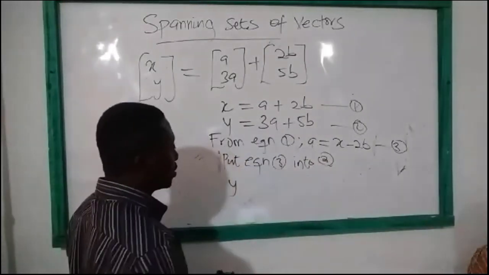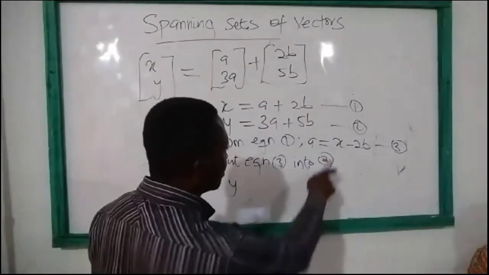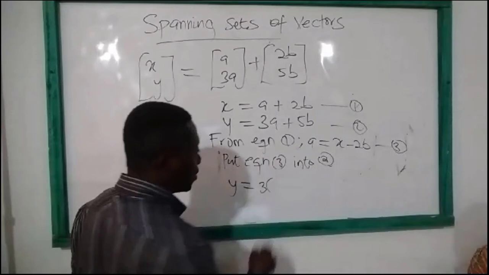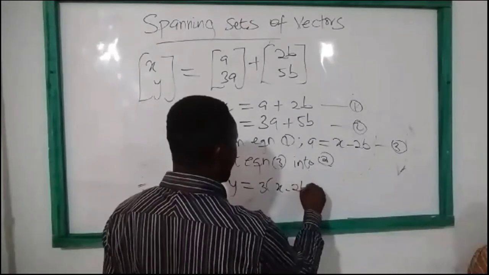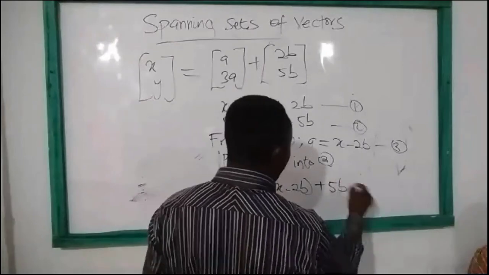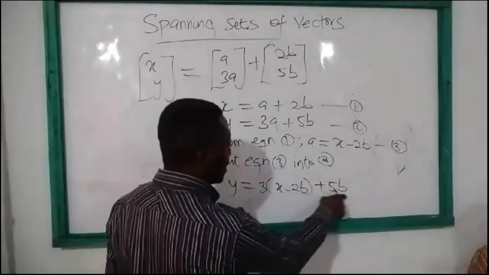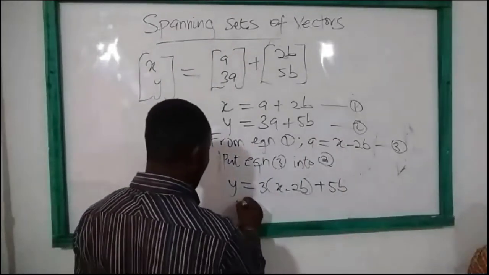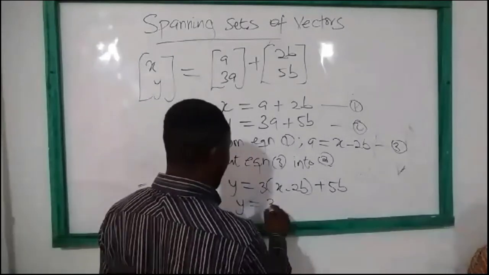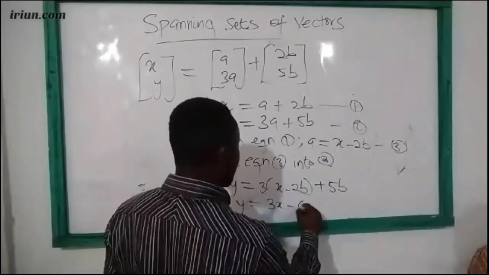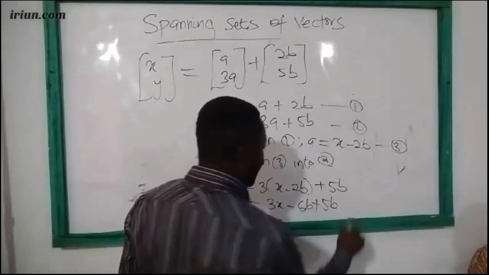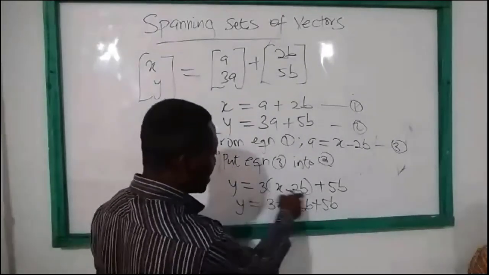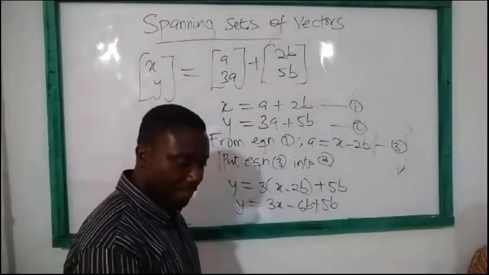From the second equation, wherever we are seeing a, we are going to substitute it by x minus 2b. So y equals 3 multiplying (x minus 2b) plus 5b. This is now our new equation 2. So let's expand and see. We get y equals 3x minus 6b plus 5b.